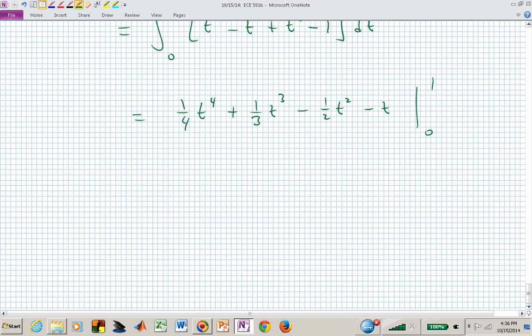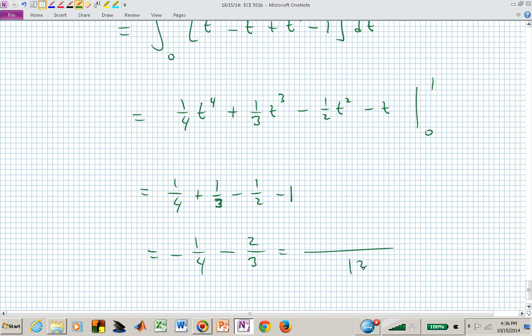The lower limit is pretty easy. The upper limit's not that hard either. We now have 1/4 plus 1/3 minus 1/2 minus 1, which if we combine 1/4 and 1/2 in the algebraic way, we have minus 1/4, and the 1/3 minus 1 is now minus 2/3.